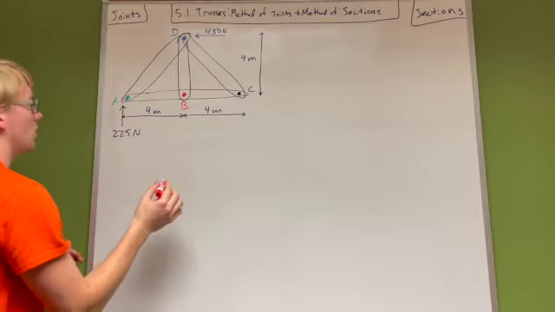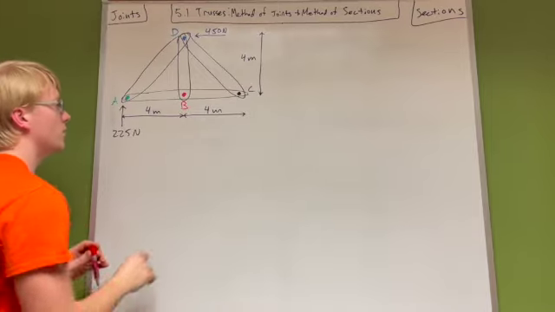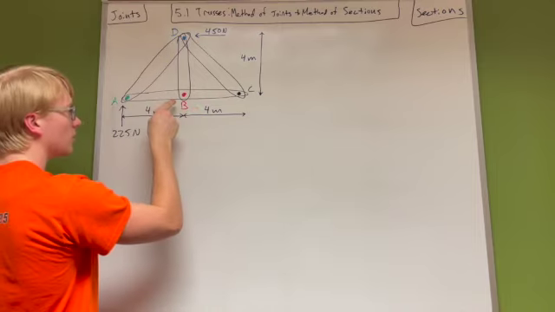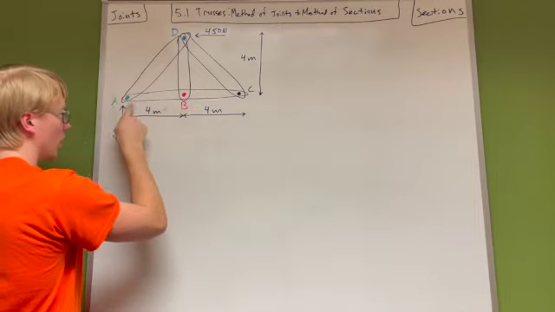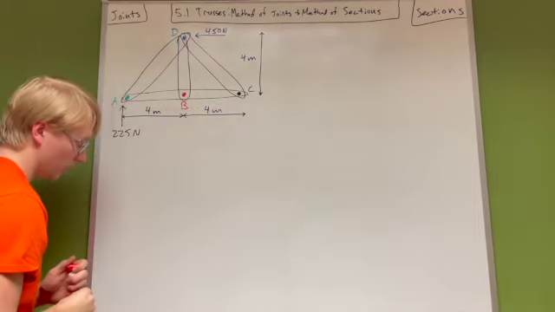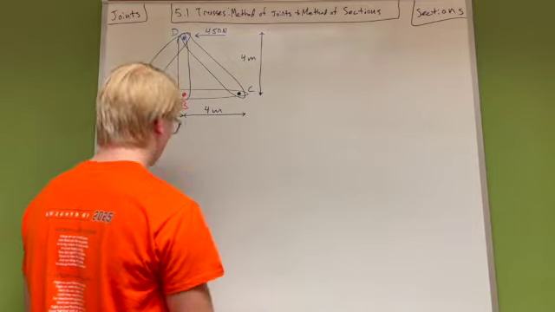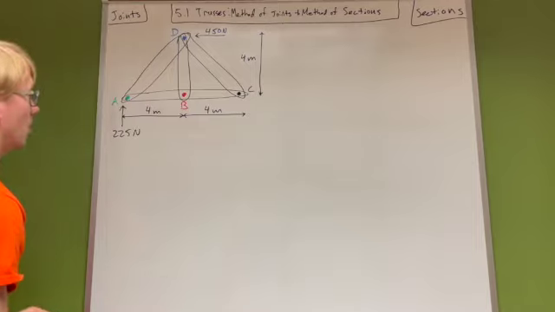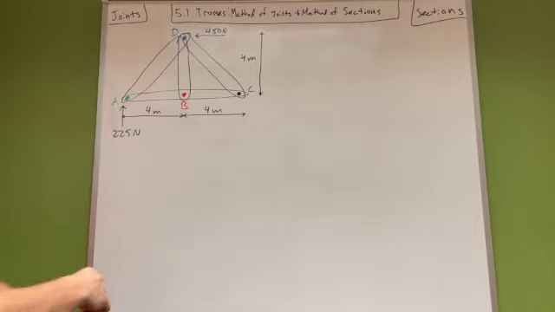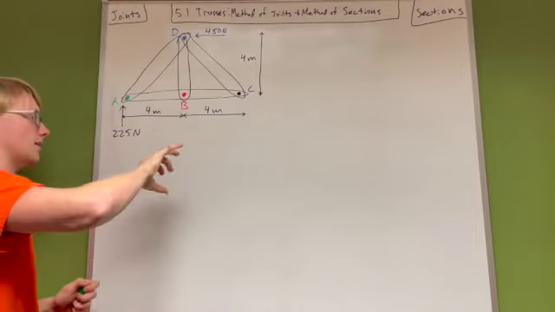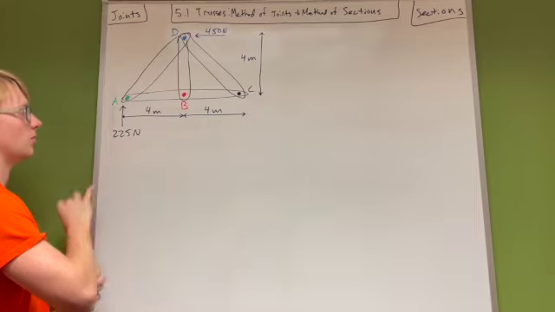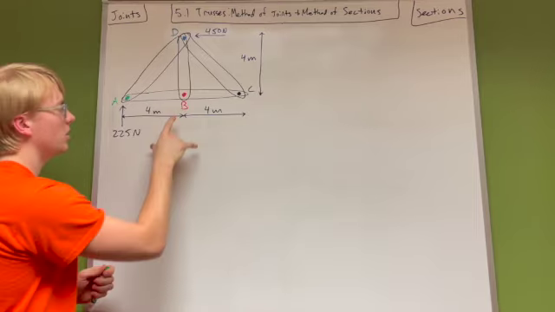Okay, and so what you do, right, is you look at every single point. Okay, you look at A, you look at B, you look at C, and you look at D. Those are the 4 points on this truss structure. And so you want to start with a point that has the least amount of unknowns and the most knowns. Okay, so B has 3 unknowns.